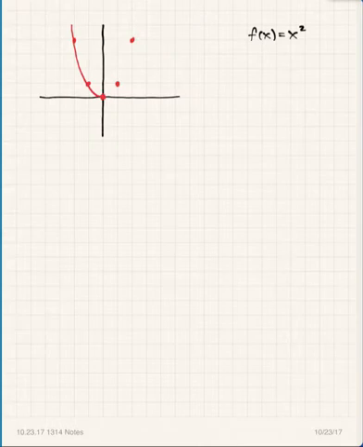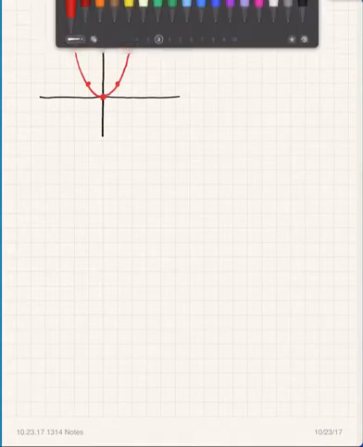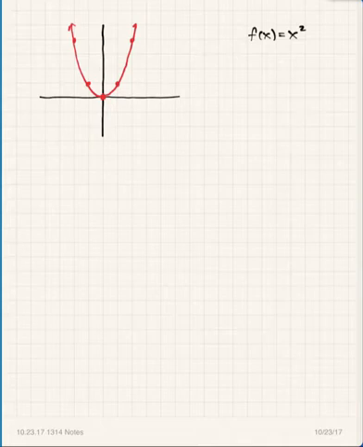Well, that's fine. If you try to look at the inverse for this function, in other words, you interchange the x and y values, well, you get 0, 0 and 1, 1, but you get 4, 2. You also get 4, negative 2, and you also get 1, negative 1.